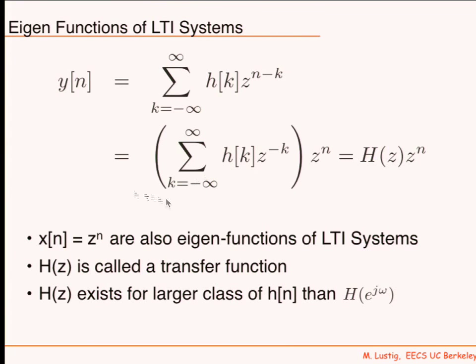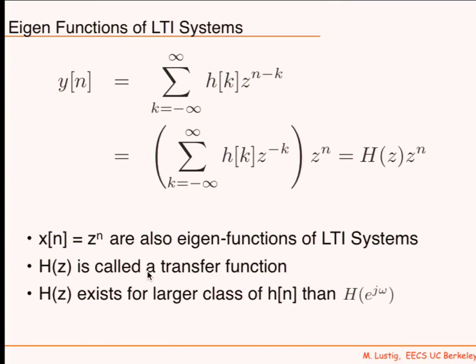As it turns out, z to the power of n are also eigenfunctions of LTI systems, because when I put in z to the power of n, I get some value multiplied by that. And this is called the transfer function of that impulse response. This transfer function exists for a larger class of h of n than h of e to the j omega.